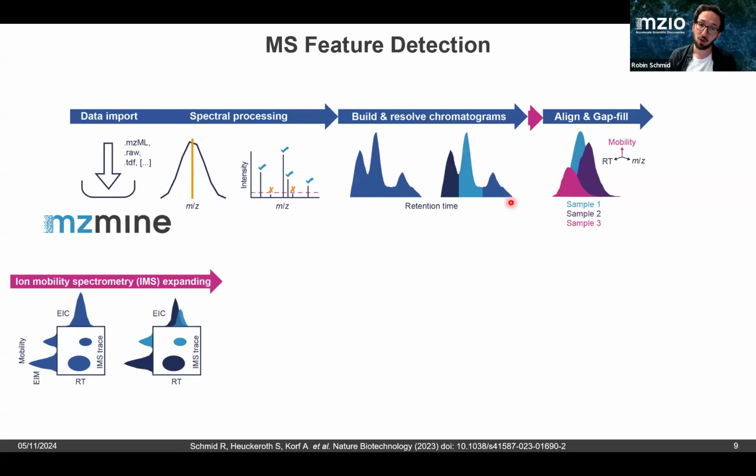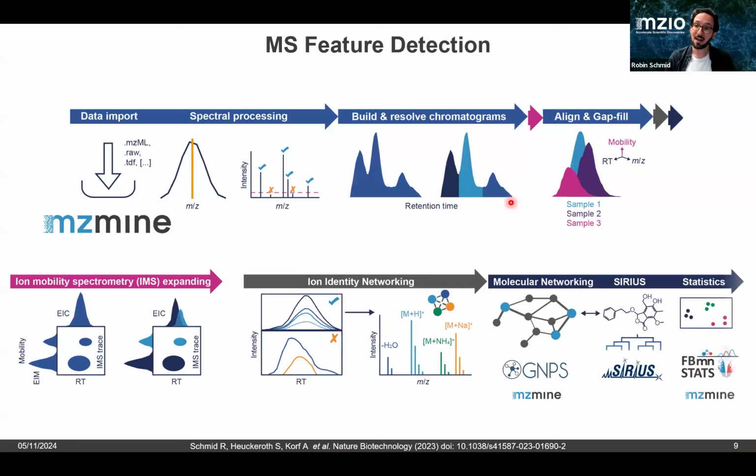Because mzmine is modular, we can also plug in other modules that expand into the ion mobility dimension. We can apply ion identity networking, for example, where we look at the retention time and shape of the features. If we have, let's say, M plus sodium and M plus H of the same compound, they typically have the same retention time and feature shape, and we can group them and annotate them as adducts.